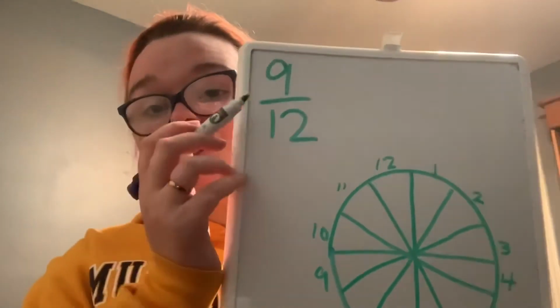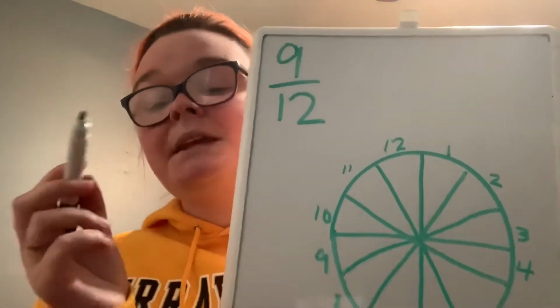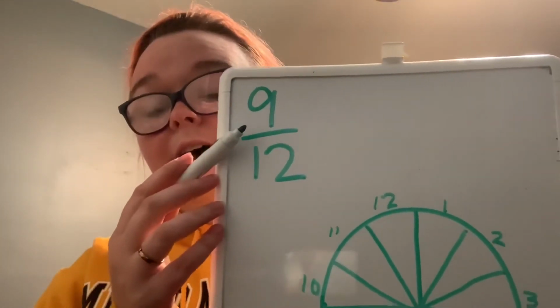Now we are going to look at the numerator, which will tell us how many parts we need to shade in. Since this numerator is 9, we are going to shade in 9 parts of the whole. And I'm just going to kind of draw squiggly lines in them just so it doesn't take up as much time.